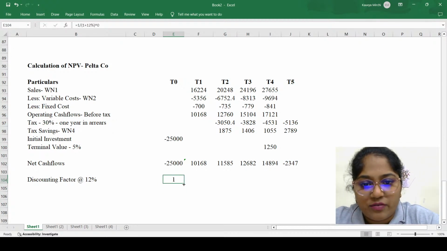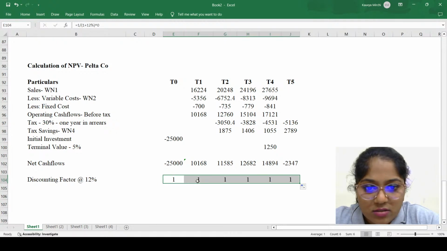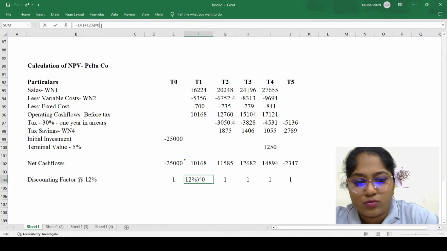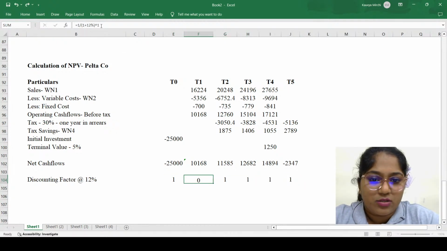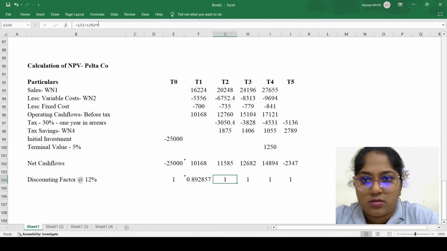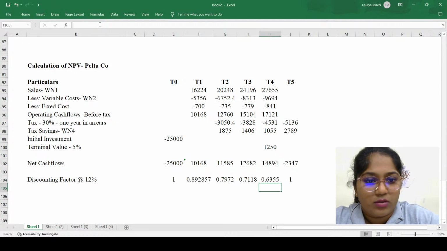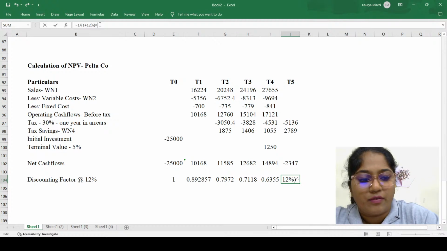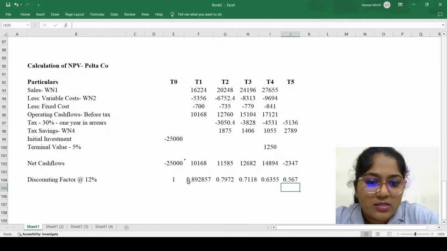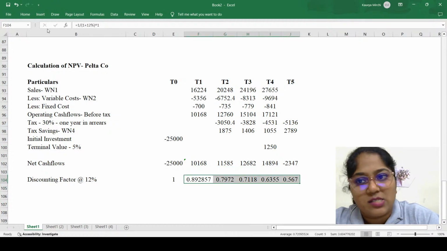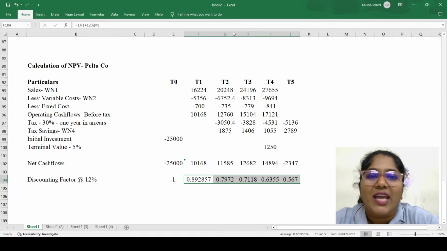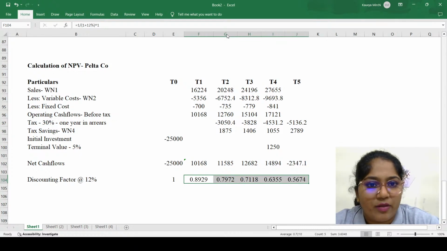But next years you have to write T1, you raise it to T1, T2 you raise it to T2, T3 you raise it to 3, and then I'm raising it to 4, and then I'm finally raising it to 5. So always keep your discounting factors to just 3 decimals. That's more than enough. Why? Because we calculate in thousands, so 3 decimals should be fine.